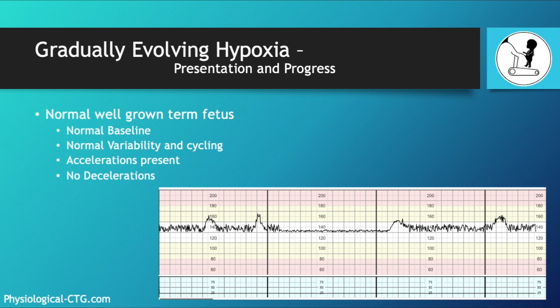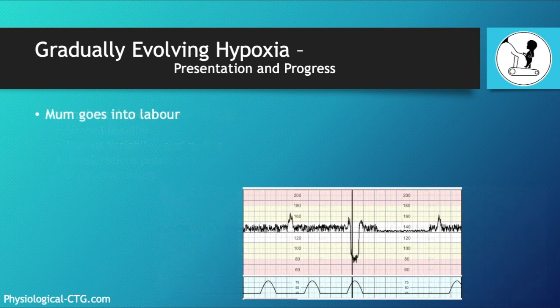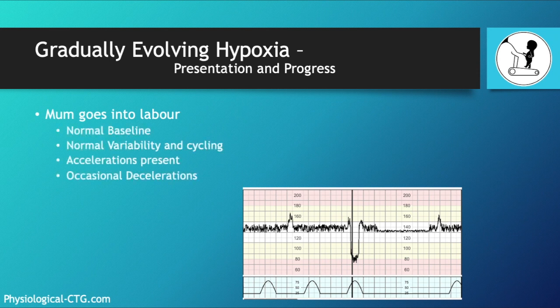The baby would demonstrate accelerations on the trace, and if the mother is not in labor, would not show any decelerations. Once the mother goes into labor, the uterine contractions may occasionally cause cord compressions, and this presents on the CTG by the appearance of decelerations.